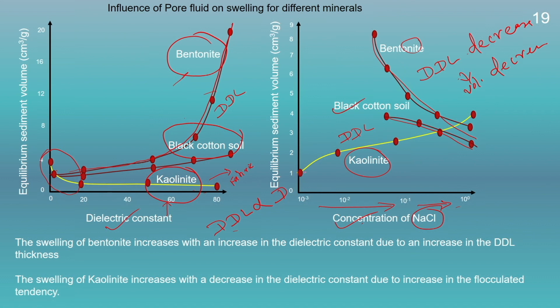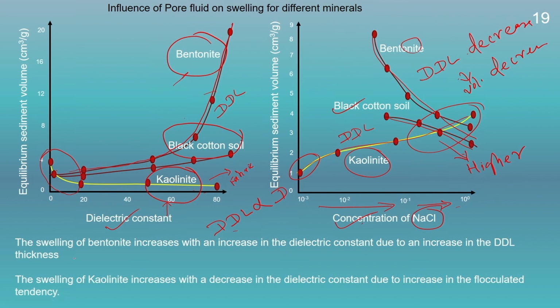With increase in the salt concentration, the equilibrium sediment volume of kaolinite will increase, because with increase in the salt concentration, the net attractive force between the particles will be more, and that will lead to a higher value of flocculation and a higher value of swelling in comparison to the lower concentration. So, therefore, for kaolinite, with increase in the salt concentration, the volume of the soil will increase.